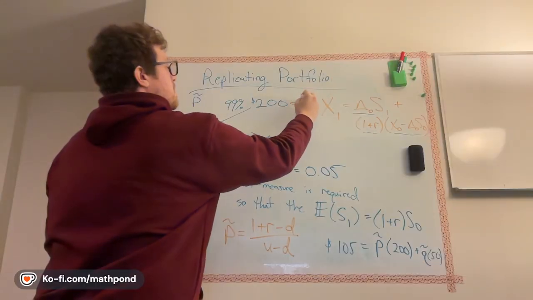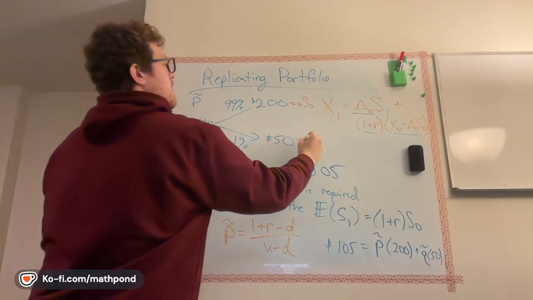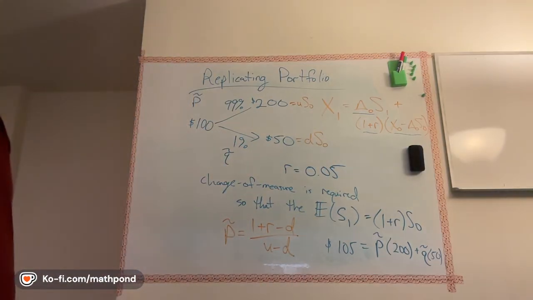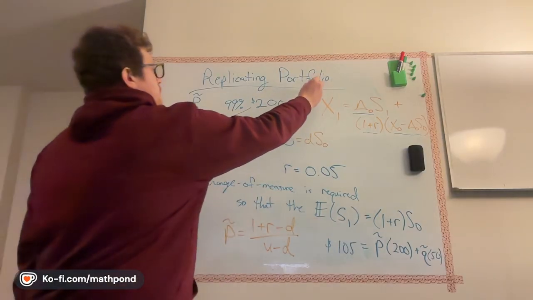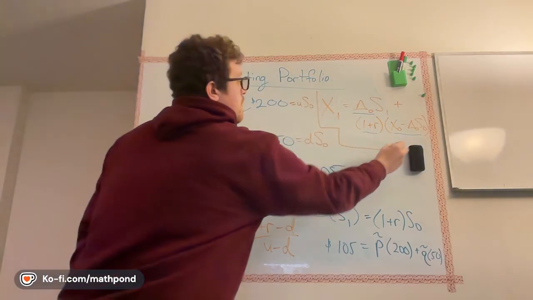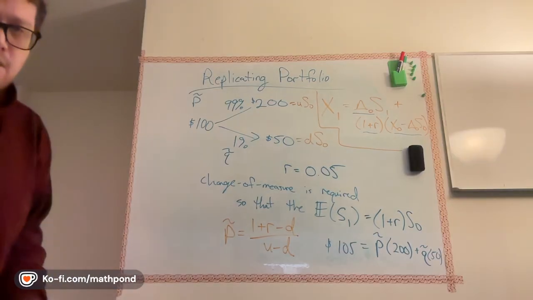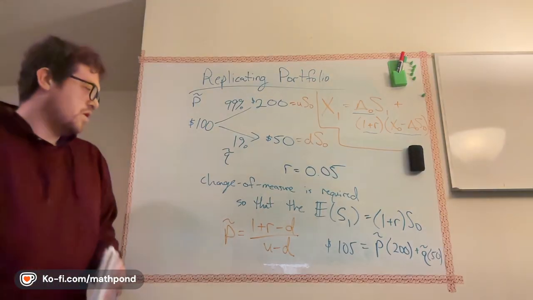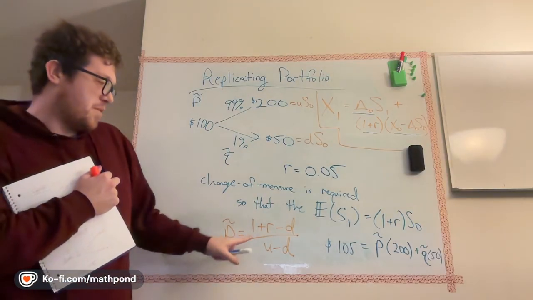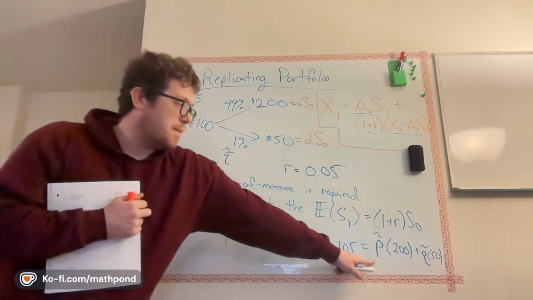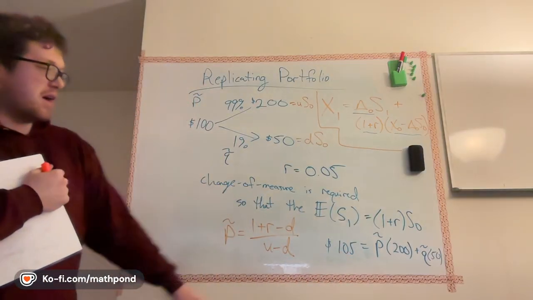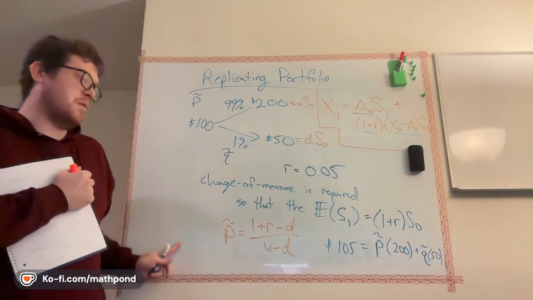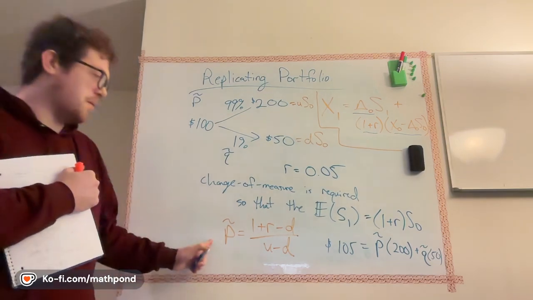This is U times S0. This is D times S0. So you can see P tilde depends on R. And then obviously Q tilde is just 1 minus this. There's a formula for that, but you can just remember it's 1 minus that.